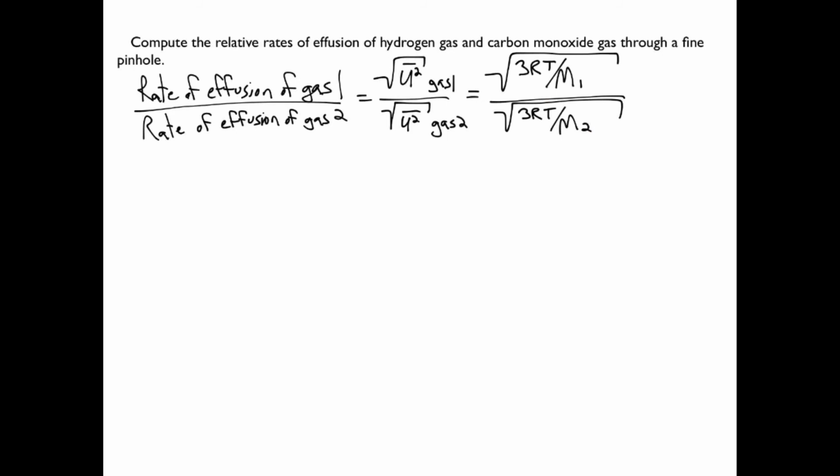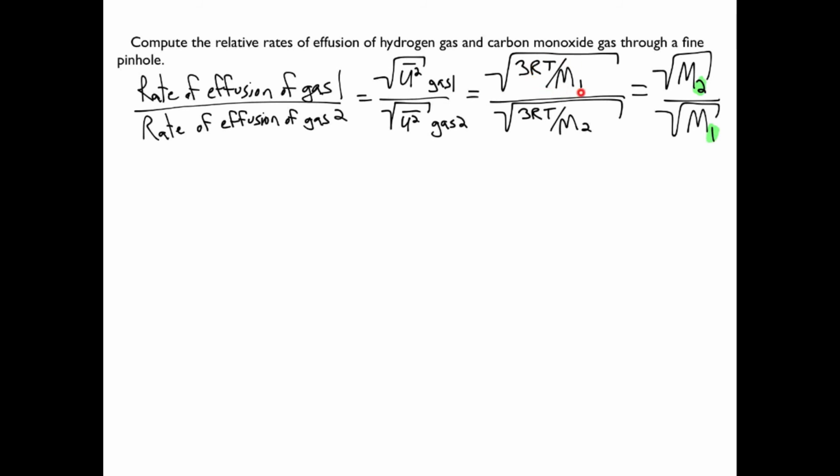And given the fact that I've got 3RT both on the top and the bottom, this fraction can be significantly simplified. And we discover that this is actually equated to the ratio of the square roots of the molar mass of gas 2 over the molar mass of gas 1. Note the apparent switch here. Gas 2 is on the top now, and gas 1 is on the bottom.